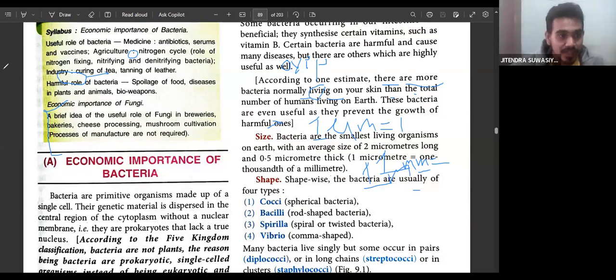So bacteria size varies, with an average of 2 micrometers long and 0.5 micrometer thick.